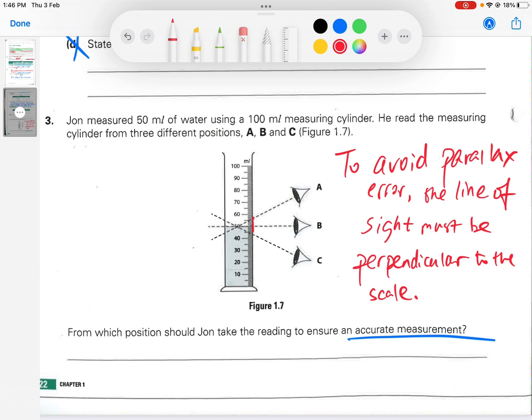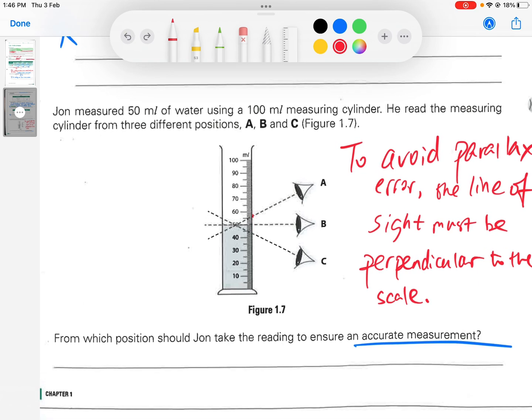Okay. Maybe for the measuring cylinder question, I should emphasize something. If you look at the measuring cylinder carefully, the water surface shouldn't be flat. It has a small curvature. We call this the meniscus. So how do we read the volume?